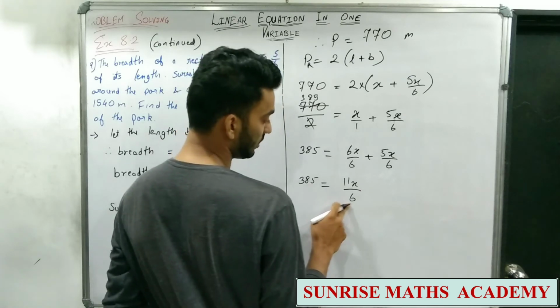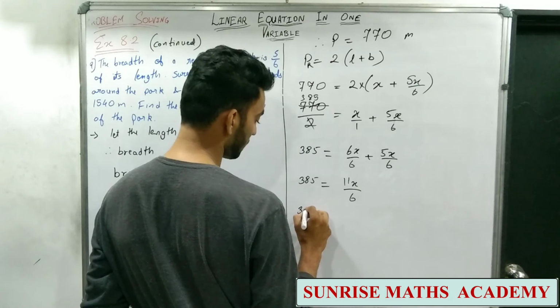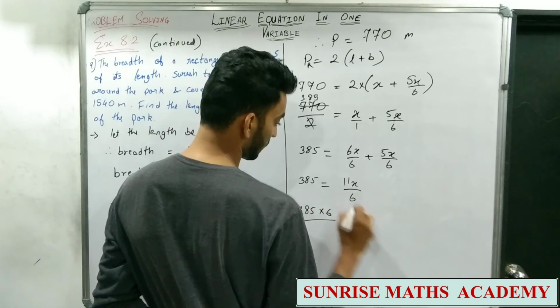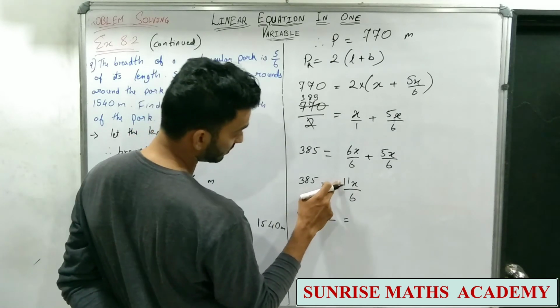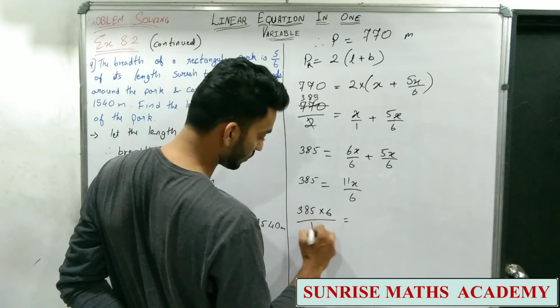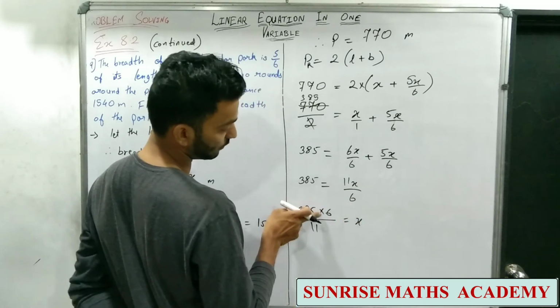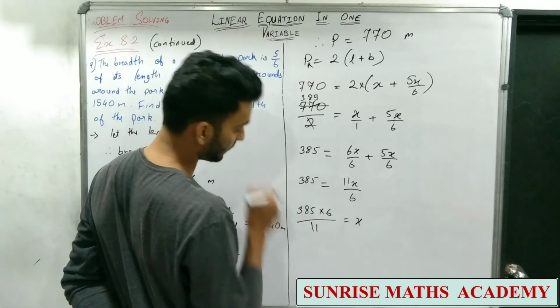6 is dividing here, so on this side it will multiply. 385 into 6 equals to, at the same time we can take 11 here. 11 is multiplying with x, so on this side it will divide. So 6, it was in division, we have taken for multiplication. 11 is in multiplication, so it will be dividing.